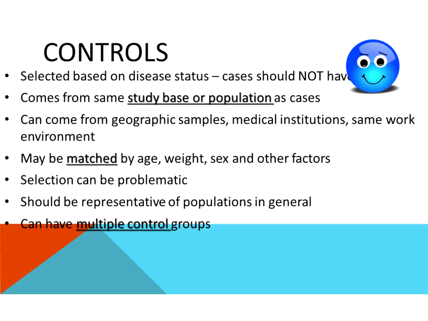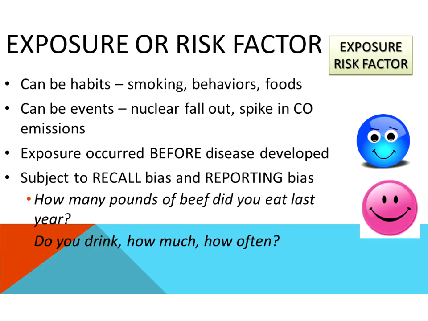Selection can be problematic. You try to find more controls than your cases, and also you can have multiple control groups. So your exposure or your risk factor can be habits such as smoking, behaviors, or food. It can be events such as a nuclear fallout or a spike in CO levels of admissions.